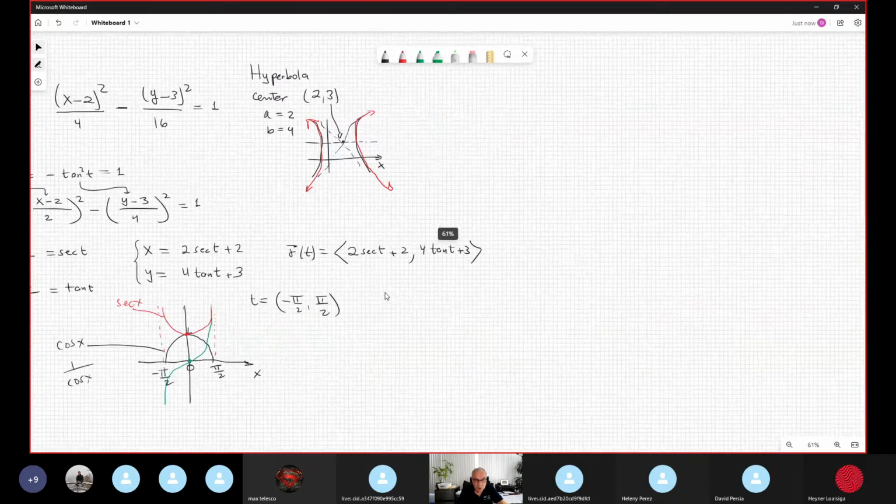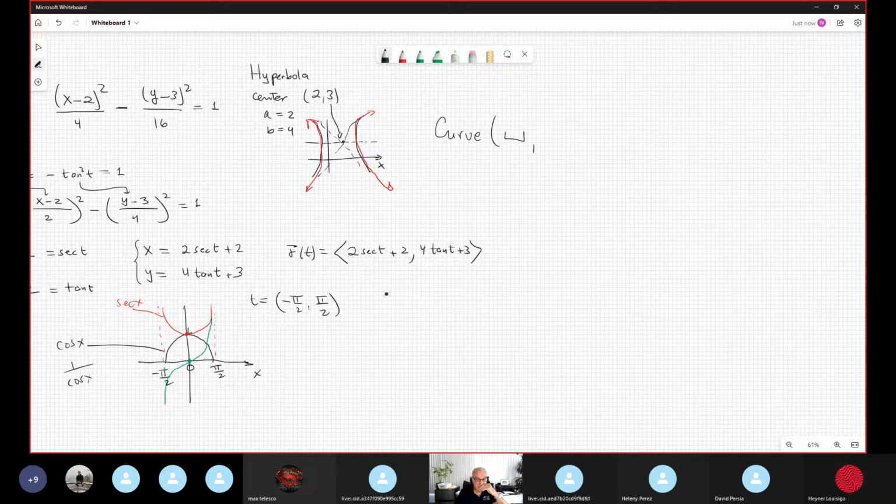So in one line of GeoGebra, you put curve, and you open the parenthesis, and you put the expression of the vector value function separated by a comma. Look, you put here x of t, y of t. In this case, 2 dimensions, so we have no z.